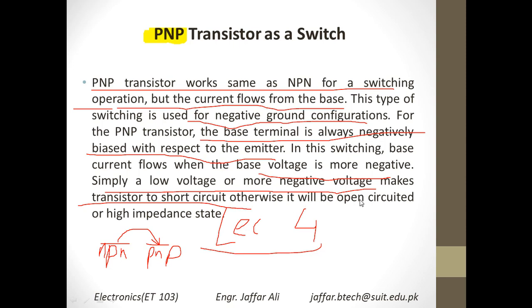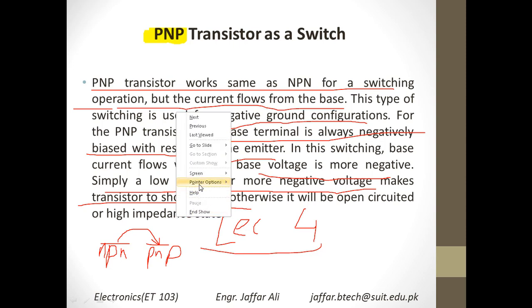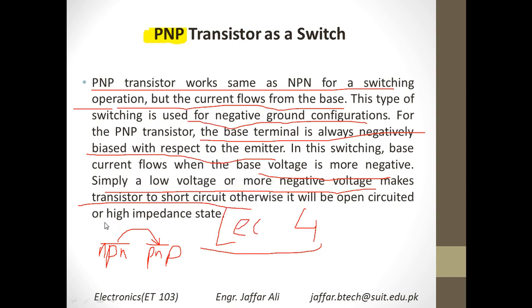Otherwise it will be open circuited and the input impedance will be very high. If the impedance becomes high, it means you are open circuit. And if the high impedance state becomes low, it means that you are providing more negative or low voltage, and these cause the circuit to go into the short circuit mode.